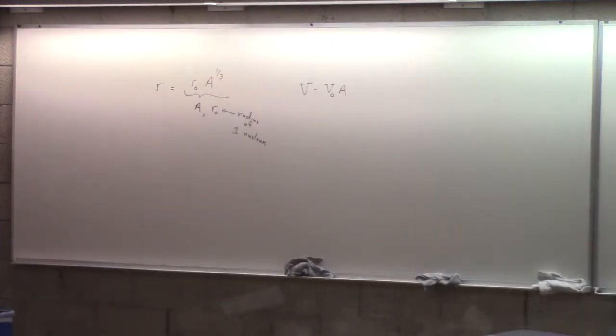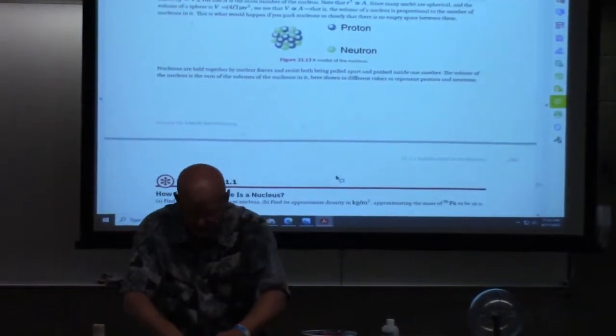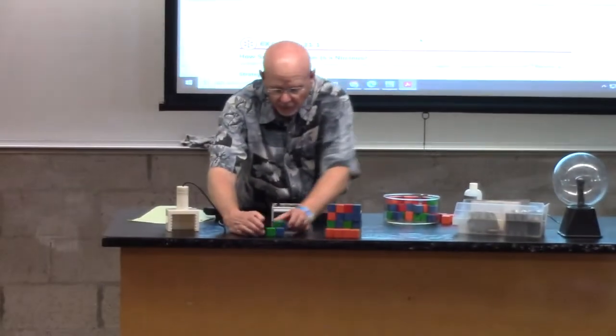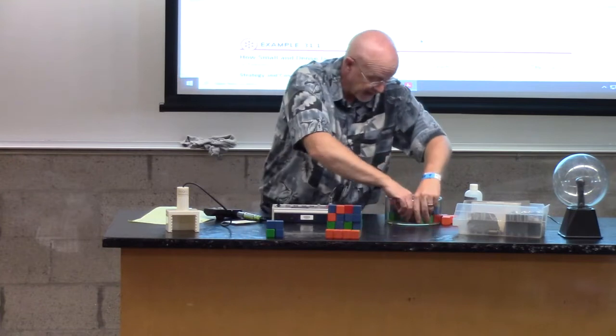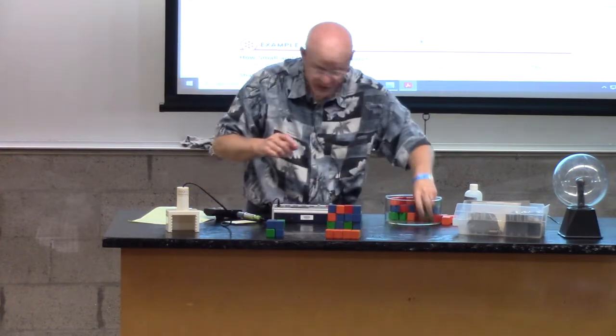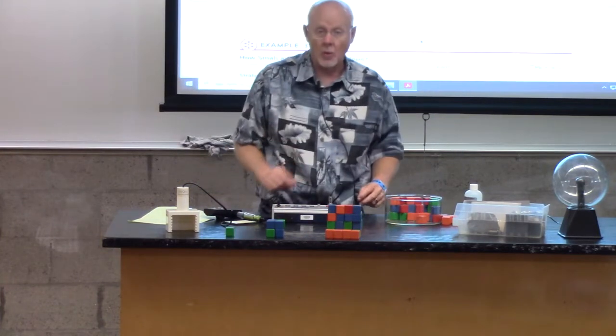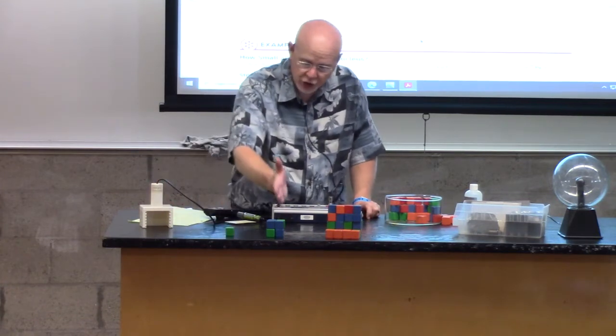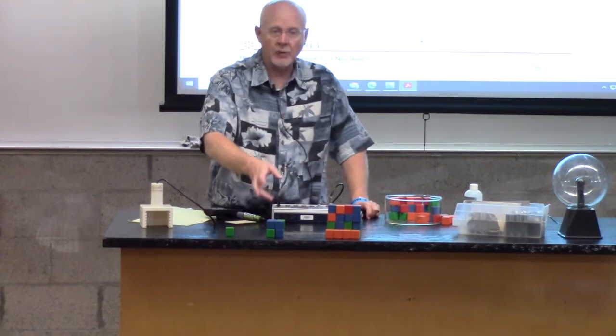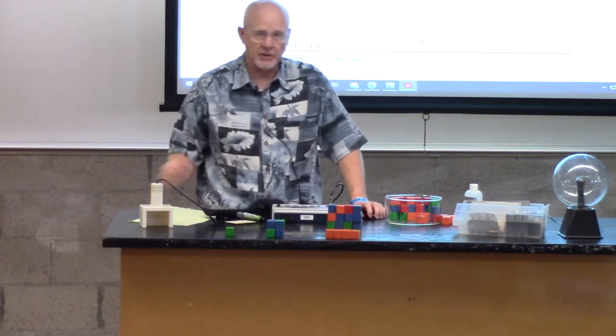Did you see back here when I built this thing? I started with a simple atom, and I'll just go a 2 by 2 atom again. 2 by 2. And I suppose, now that I think about it, I maybe should have even started with a 1 by 1 by 1. But when I go from a 1 to a 2, I've only doubled the radius, but the volume's got 8 times bigger.